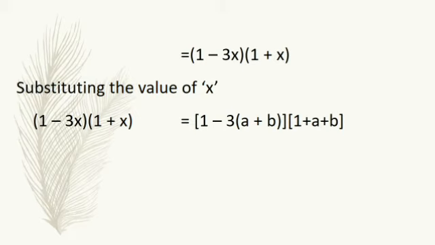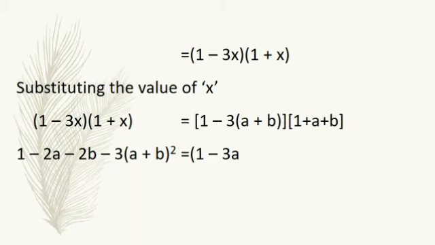By simplifying it, we can write it as 1 minus 2a minus 2b minus 3 into (a plus b) whole square is equal to (1 minus 3a minus 3b) into (1 plus a plus b).